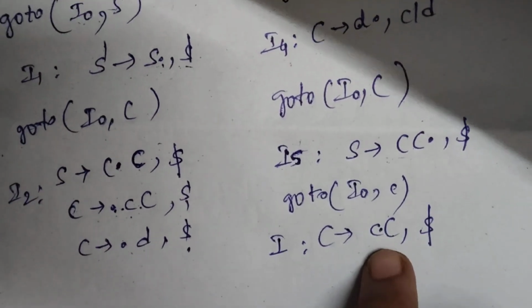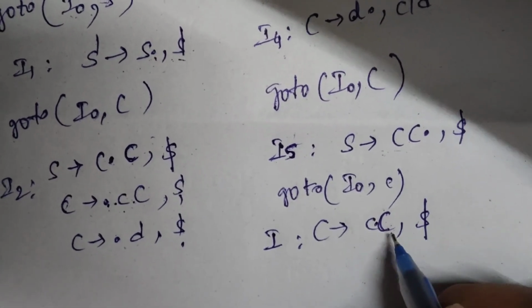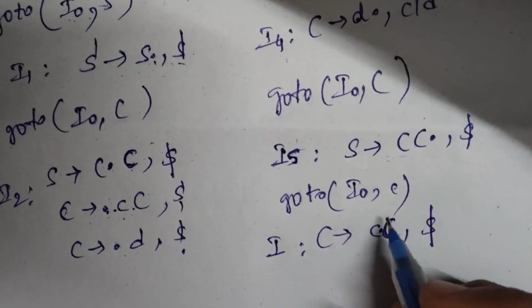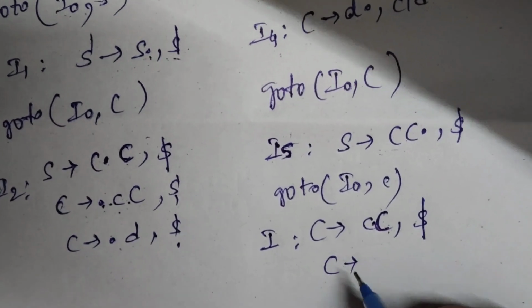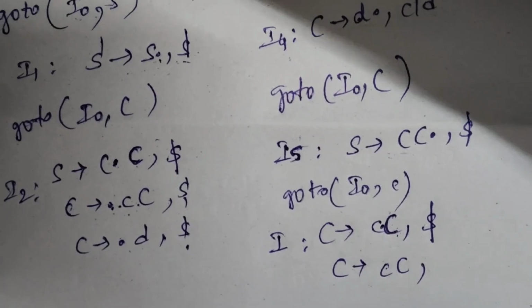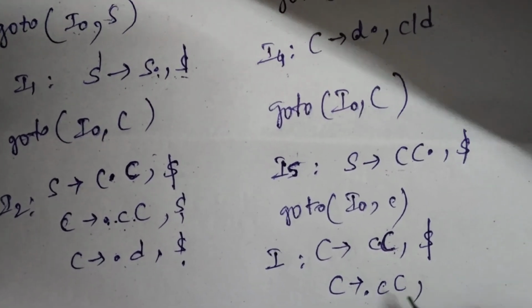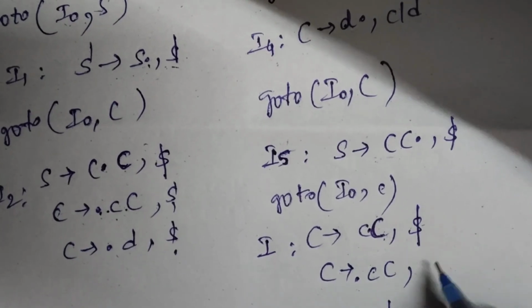While shifting, the lookahead symbol will remain as it is. The dot has reached the end, so we need to stop construction and go to the next symbol. Next symbol is small c. Before this, anywhere we have not got the same production, so we can name it as a new item, that is I5.